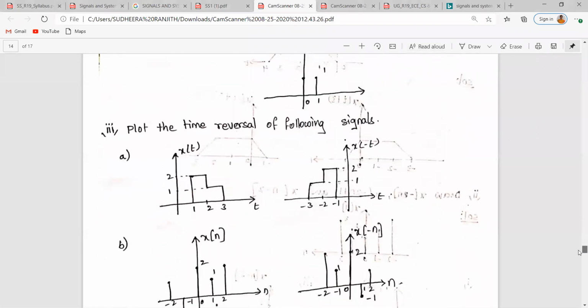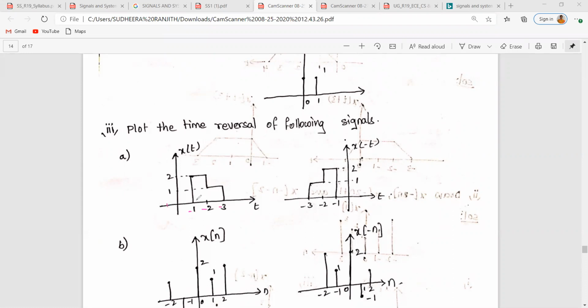Plot the time reversal of the following signals. See, if you want to plot the time reversal, just multiply with minus 1: minus 1, minus 2, minus 3. So plot it exactly.